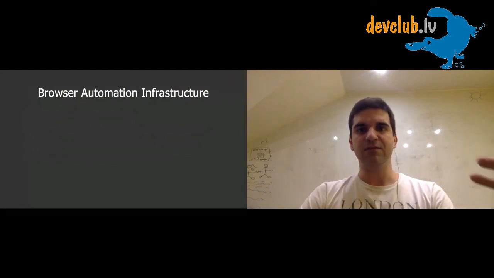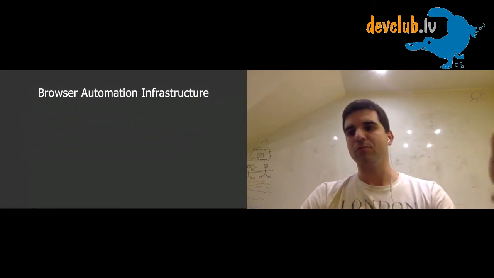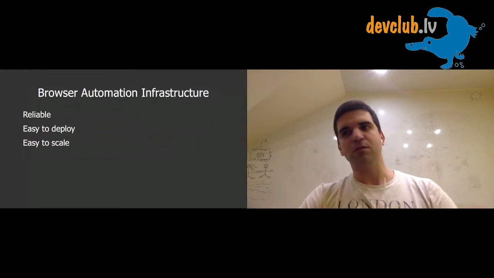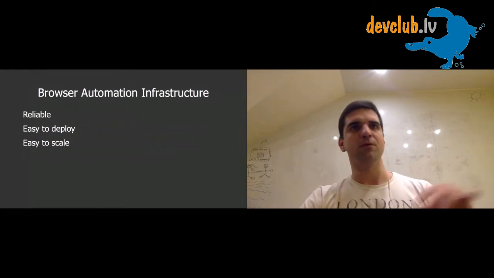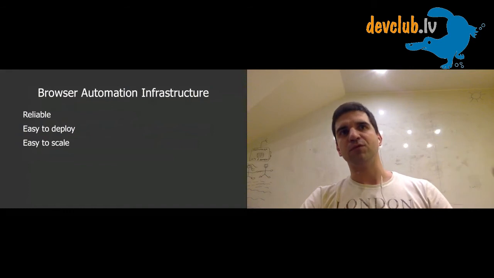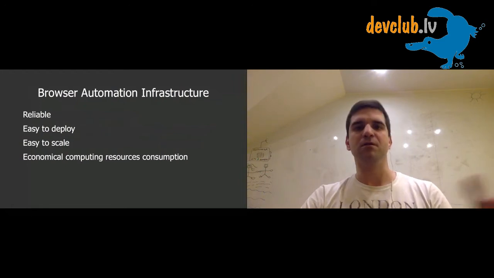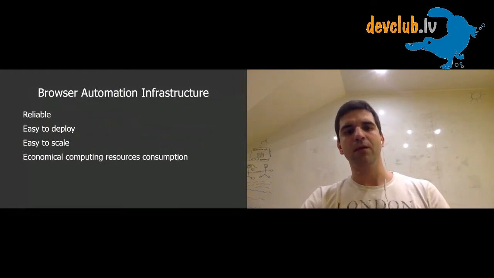And because of that, your browser automation infrastructure that you are using for running such tests should be, first of all, reliable, should be easy to deploy, should be easy to scale. That means you should be able to easily add more computing resources when you need to run more tests in parallel. It should consume computing resources, that means CPUs, memory, disk, and so on, in an economical way.